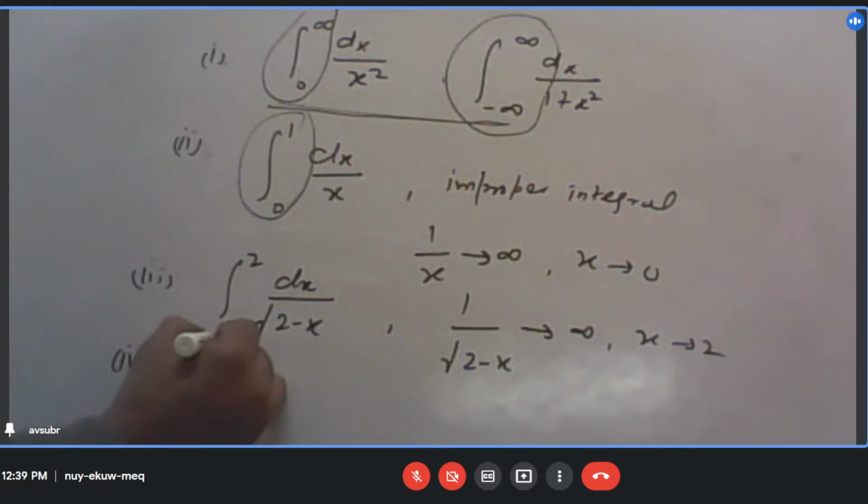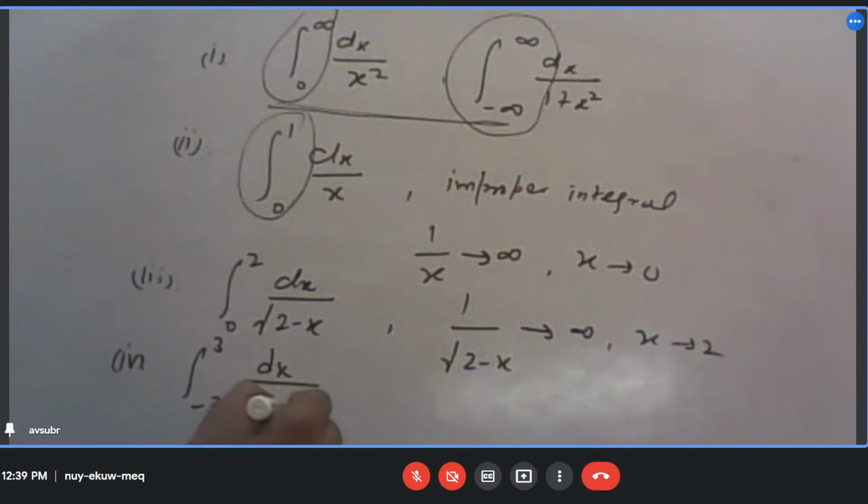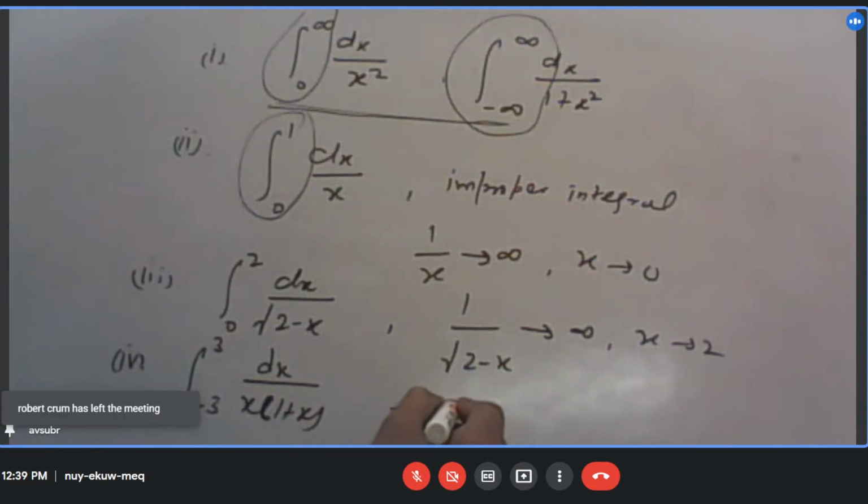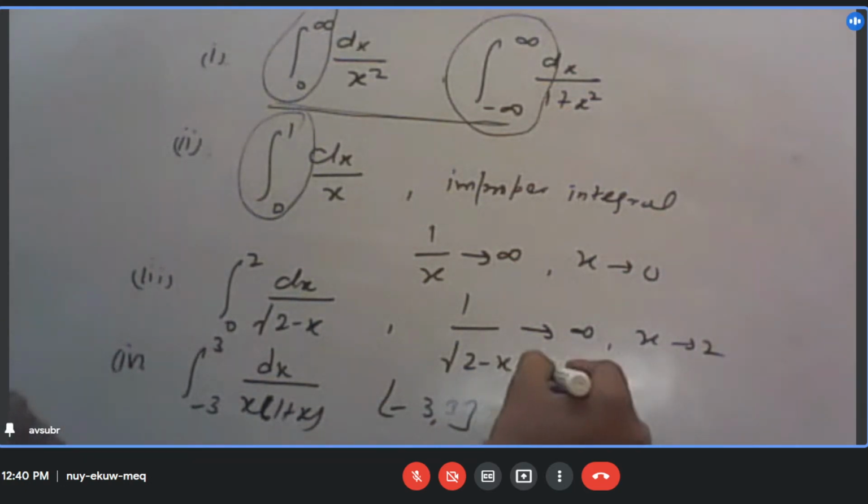Then next, the integral from minus 3 to 3 of dx by x into 1 plus x. This is also an improper integral. Why is it an improper integral? See, between minus 3 and 3, there are 2 points, x equal to 0 and x equal to minus 1.